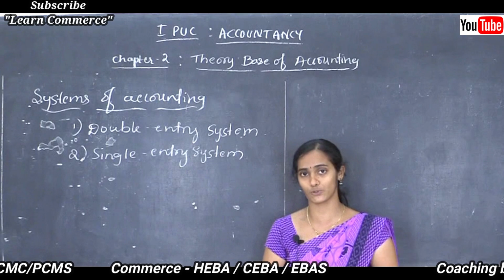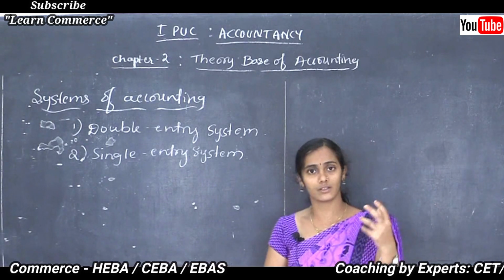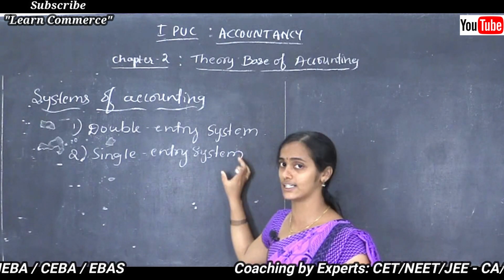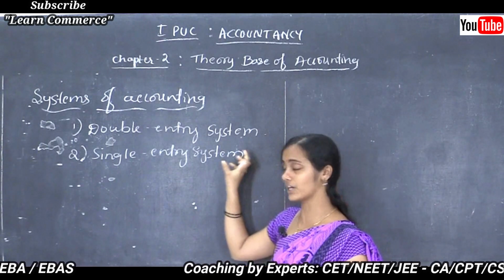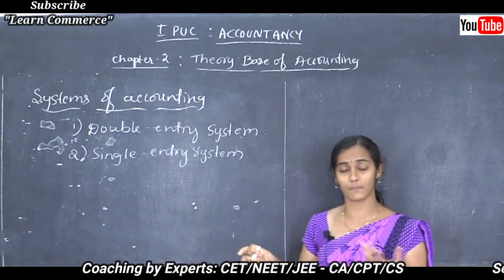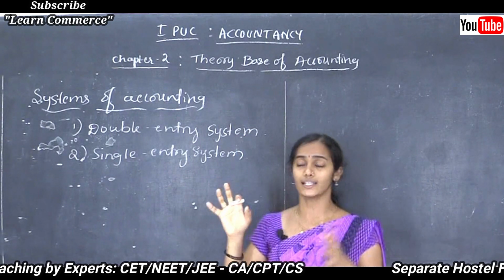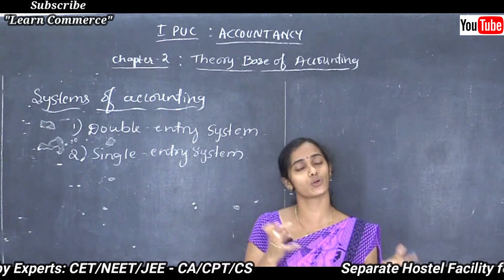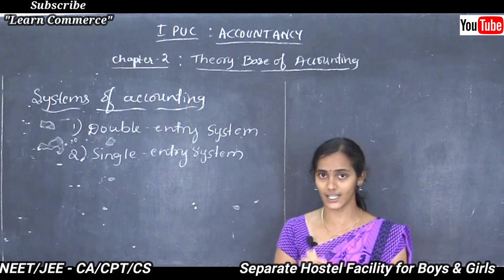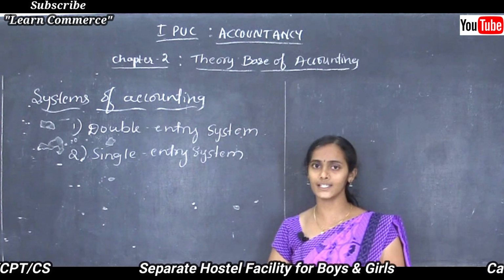If you are running a small organization, you can follow the single entry system of accounting. But even under the single entry system, you need to follow some methods and principles. The double entry system of accounting has its own features.